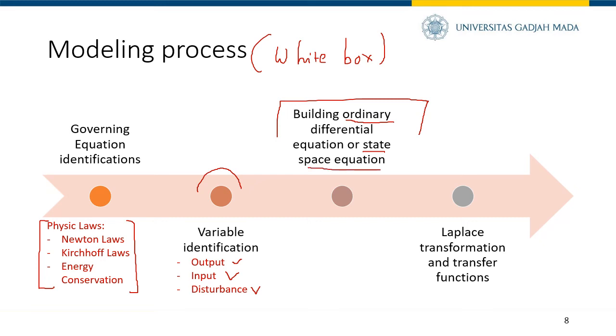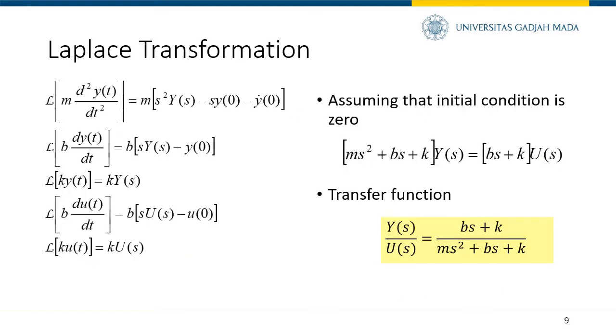And then after you obtain the ordinary differential equation, you can convert it to a Laplace transformation and transfer functions. And what is Laplace? The ordinary differential equation is about the time domain, and the Laplace is a kind of frequency domain.